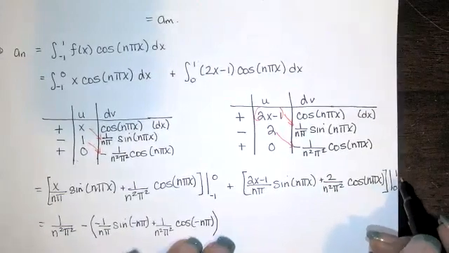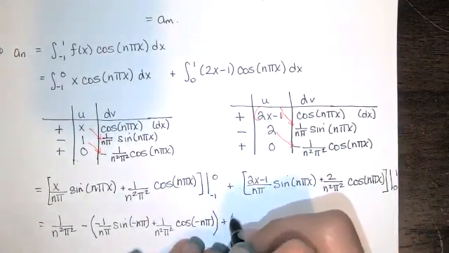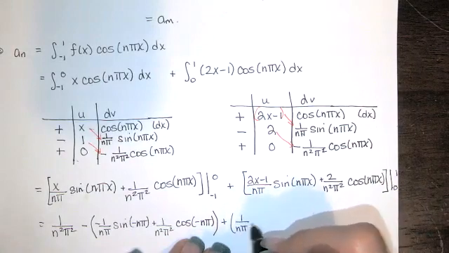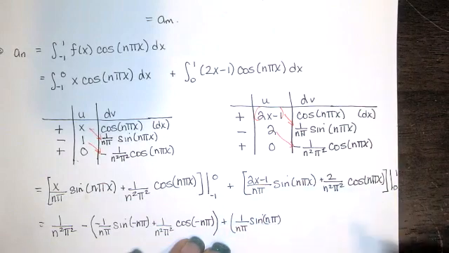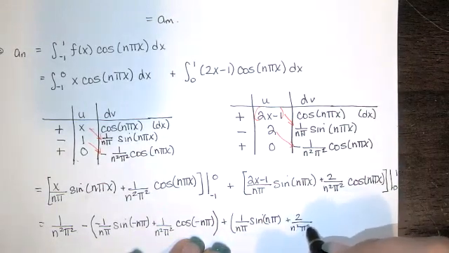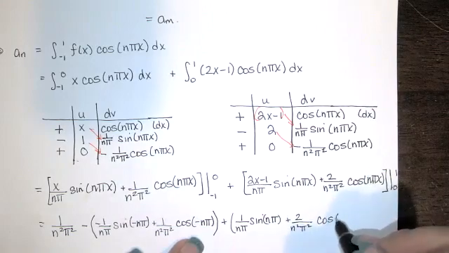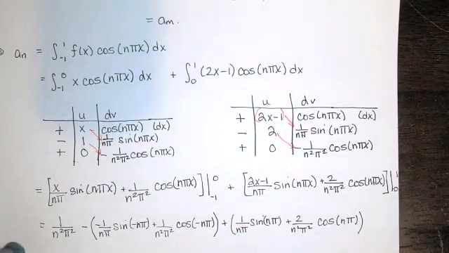Over here, when I substitute in x equals 1, I have 2 minus 1, which is 1, times sine of n pi, plus 2 over n squared pi squared times cosine of n pi. And again, we'll talk about what that is.